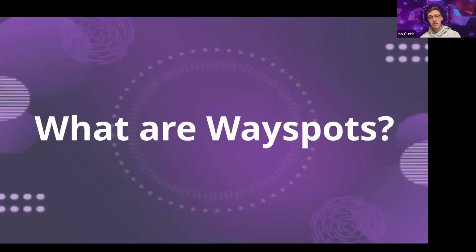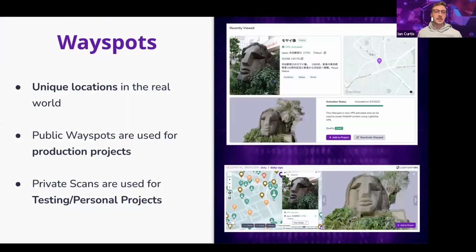And so next question is, what are wayspots? Wayspots are unique locations in the real world, and public wayspots are used for production projects. These are places in the real world that have been scanned and approved by Niantic. They are publicly accessible, safe areas where users, once having access via URL, can go to this wayspot and then be able to anchor or localize to it.